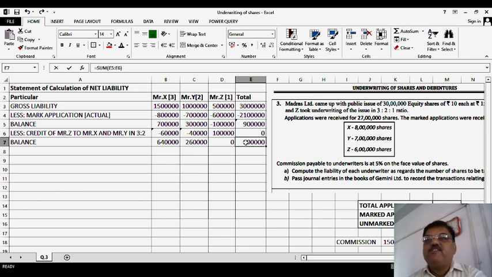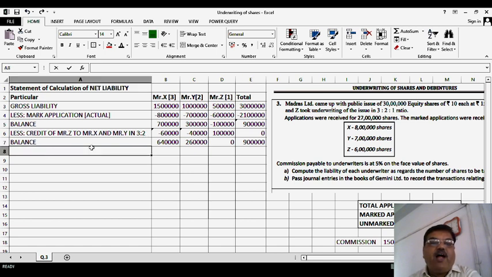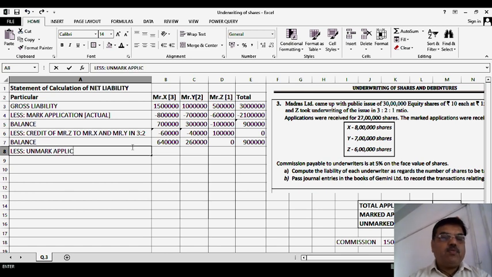Still, the solution does not end here. The next step is that we have to give the benefit of unmarked shares also. So the next step is: less unmarked shares, unmarked application. In which ratio?